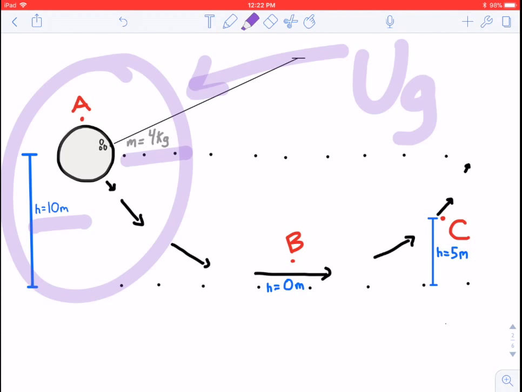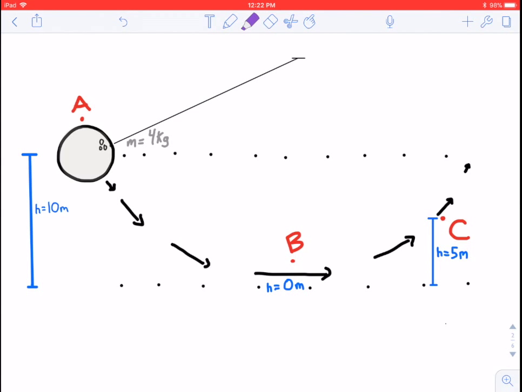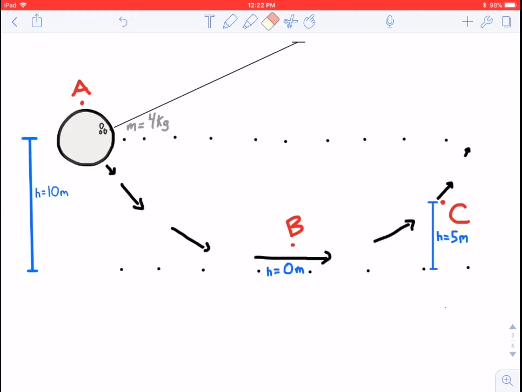And it should not have any kinetic energy, because at the top of its path it comes to a stop before swinging back down. So its kinetic energy is 0 joules. We know the mass, the height, that it has 0 joules of kinetic energy, and that it has gravitational potential energy. So let's draw the energy bar chart.